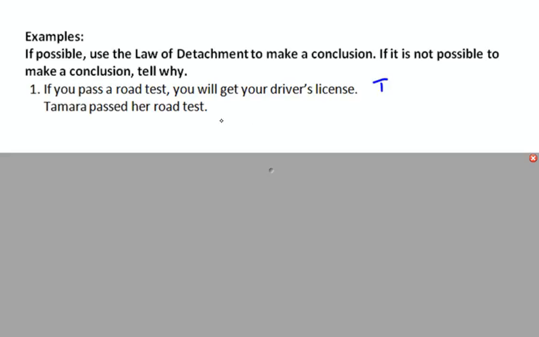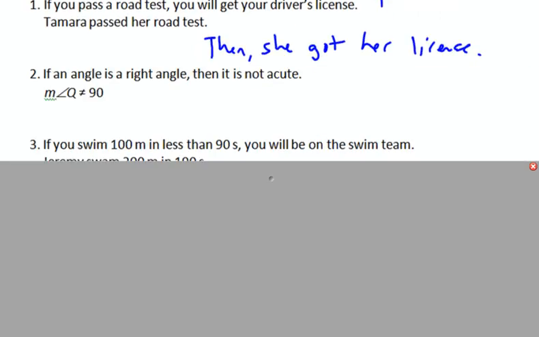Then we conclude she got her driver's license. So basically, we know that the conditional is true, and then the first part was satisfied, then the last part is also true.